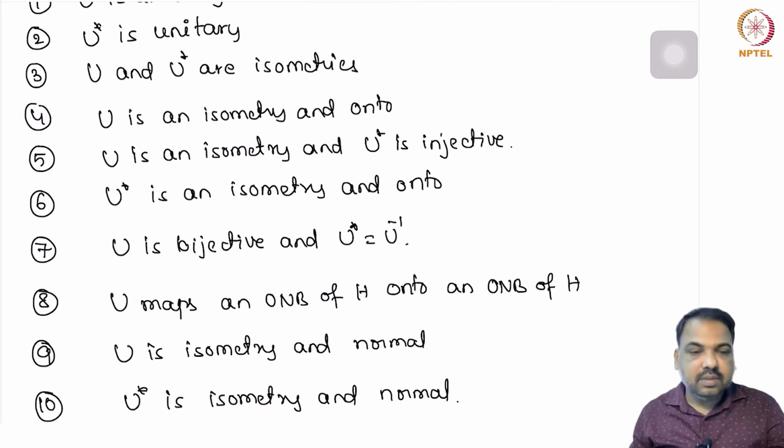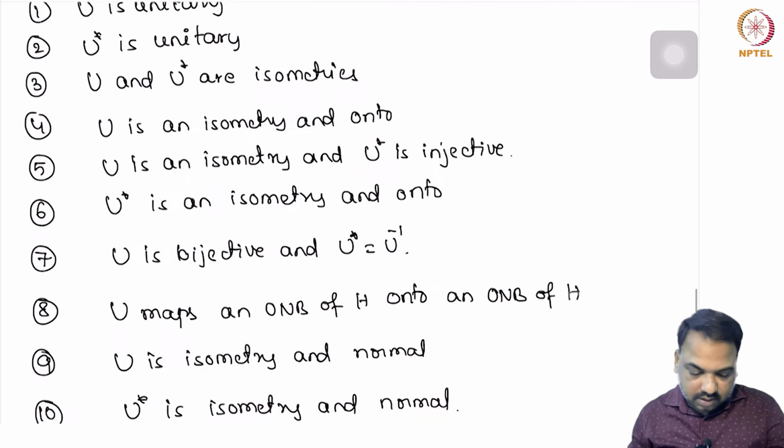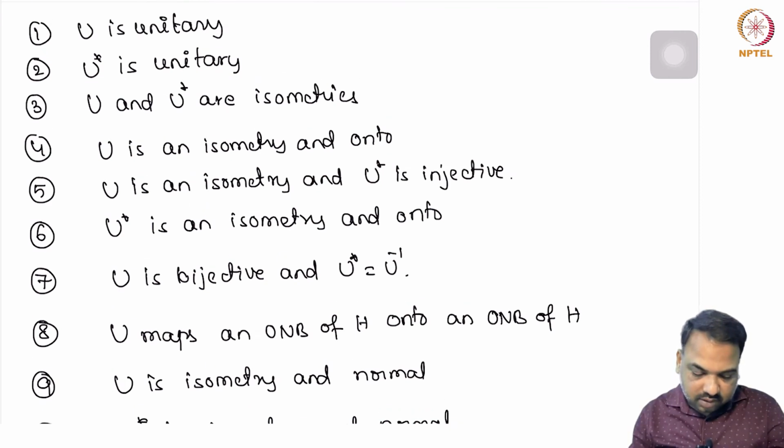And most of the things can be proved by the earlier characterization of isometries. For example, the equivalence of 1 and 2 and the equivalence of 2 and 3 directly follow from the definition, and 3 and 4 also directly follow from the definition.